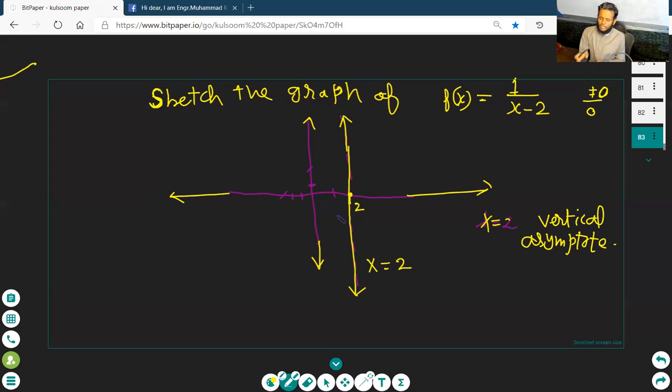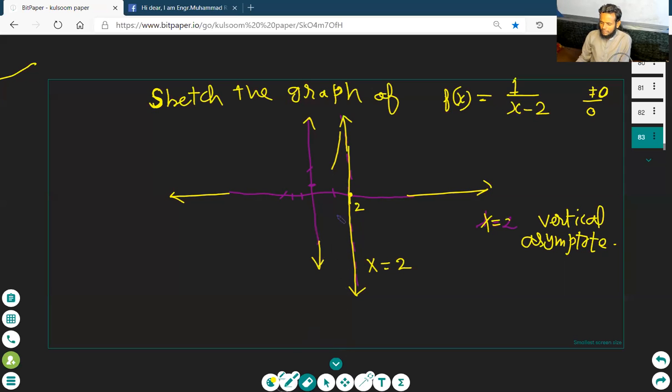One part will be on the left side, and one part will be on the right side. Okay, clear? So you put some values closer to this and then you increase the values here. You put some closer values, means check the graph behavior. Behavior is this way or this way. There will be one behavior this way because of asymptotes. Our graph will try to reach the asymptotes, okay, clear?